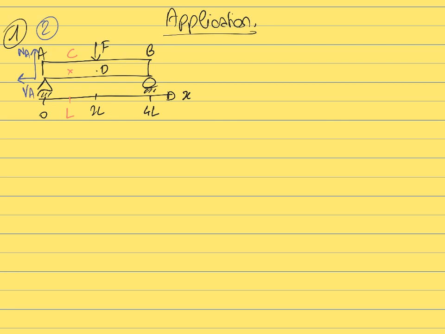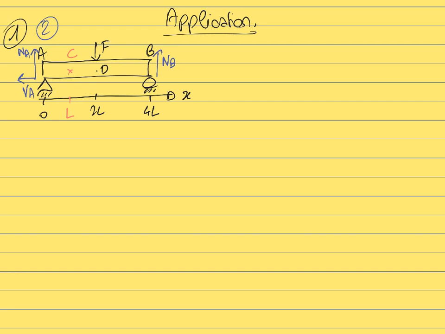Those are the two unknown forces. At the point B, you have the roller. The roller only prevents the member from going up or down. So there's only a normal force at the point B. Those are the three unknowns that you have, right?